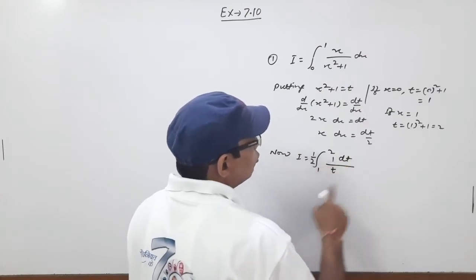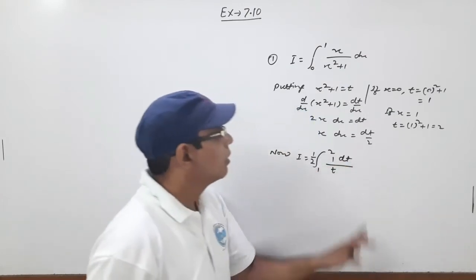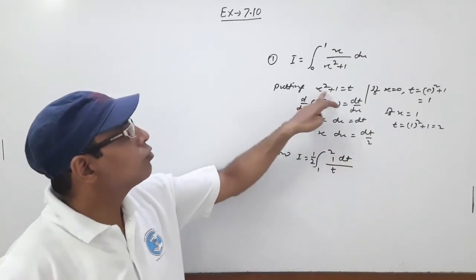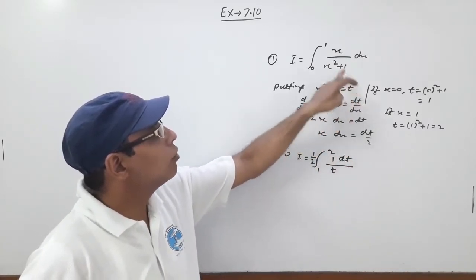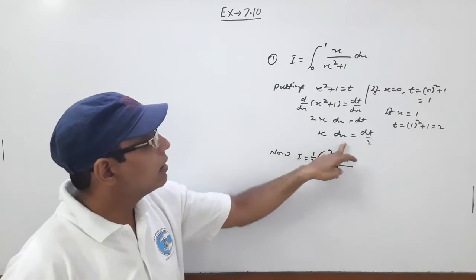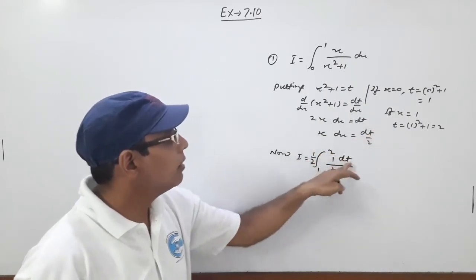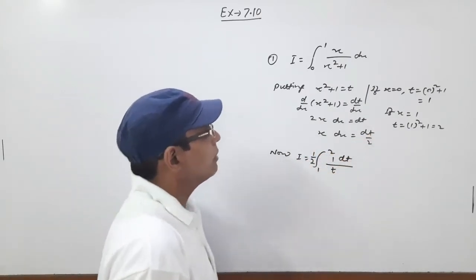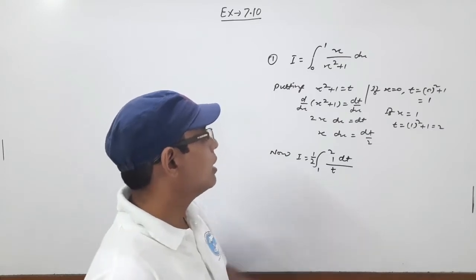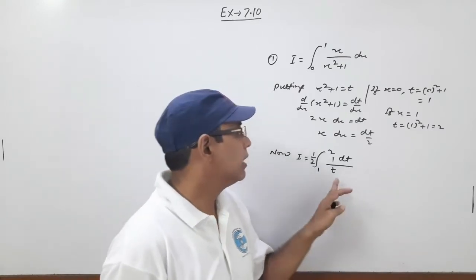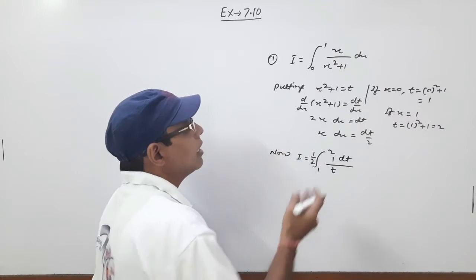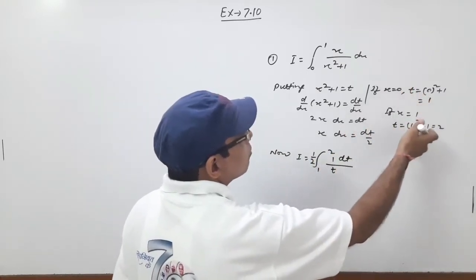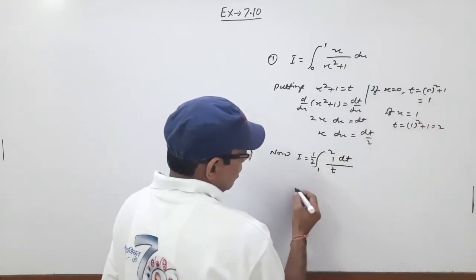We are putting the value of x square plus 1 equal to t and x dx equal to dt by 2, and we have changed the limit because the variable is changed in the form of t, so we have changed the limit from 1 to 2.